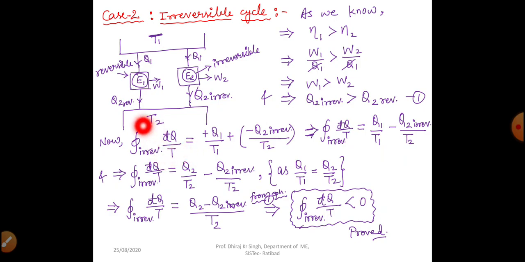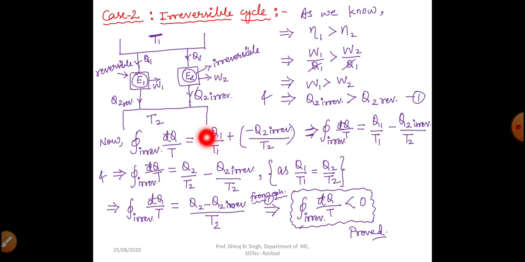Now we apply our Clausius equation, that is the cyclic integral of irreversible del Q by T is equal to plus Q1 by T1. We have applied this for the irreversible cycle, right? The heat supplied to the system is Q1 by T1, and minus, because this is the heat rejected. Heat rejected from the system is taken as negative, so minus Q2 irreversible by T2.